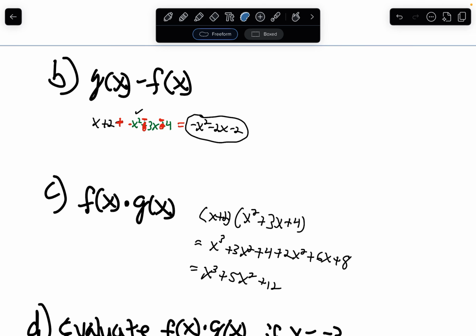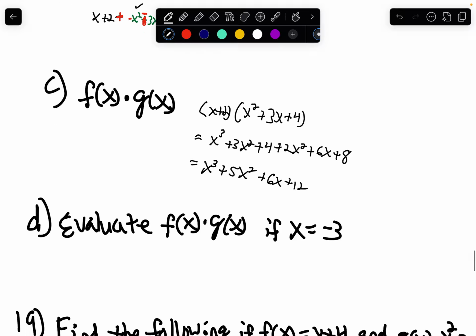I left the 6x off. Right there. So my answer is incorrect. There should be a plus 6x. And that's the product. You'll get 2 points for writing this. And then 1 more point if you can get it into that form.